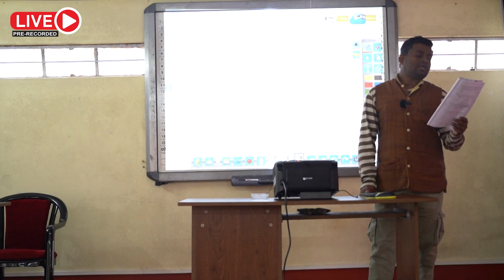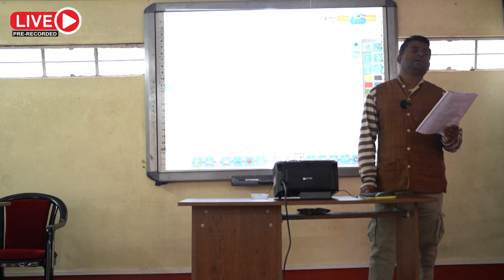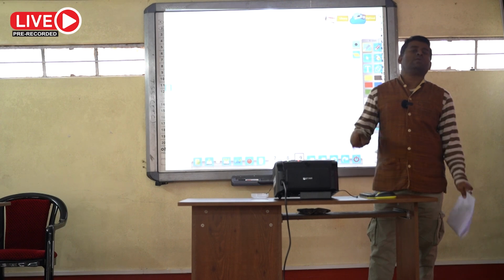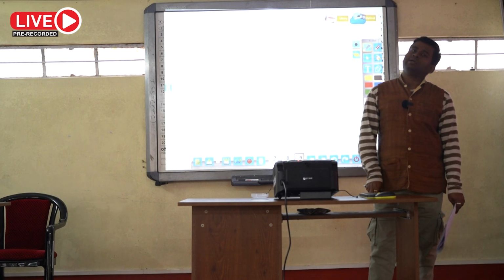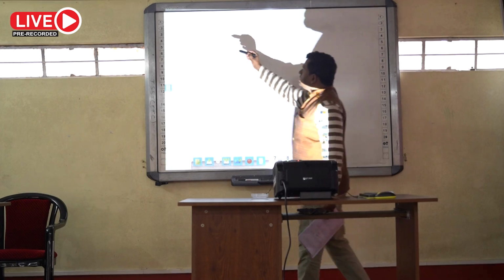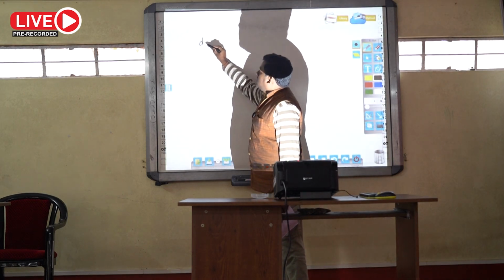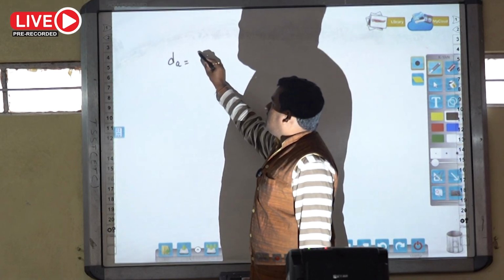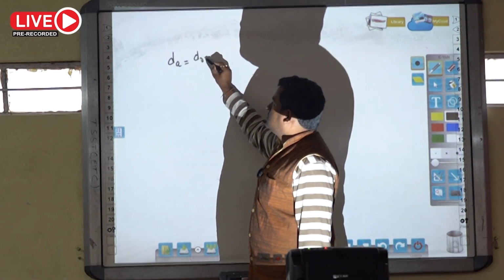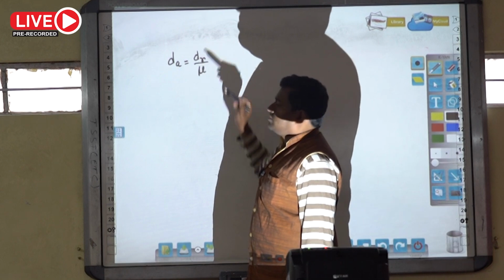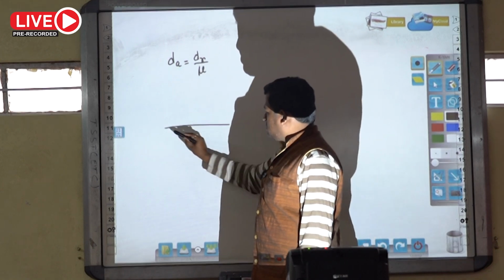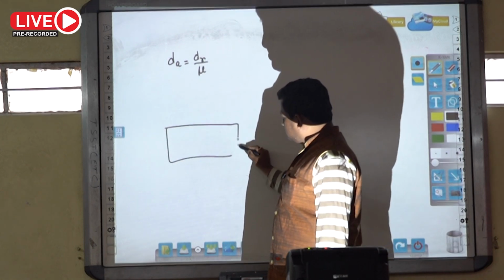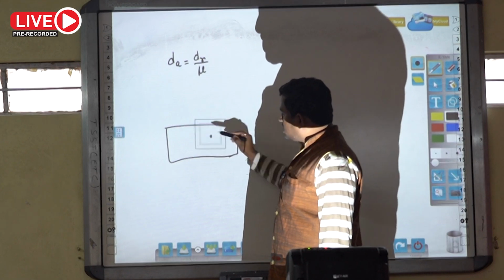What you can see here is the apparent depth because you are looking from the rarer medium. Now we know that d apparent = d real / mu. Now see the situation. This is the slab. Suppose this is the position of the bubble.